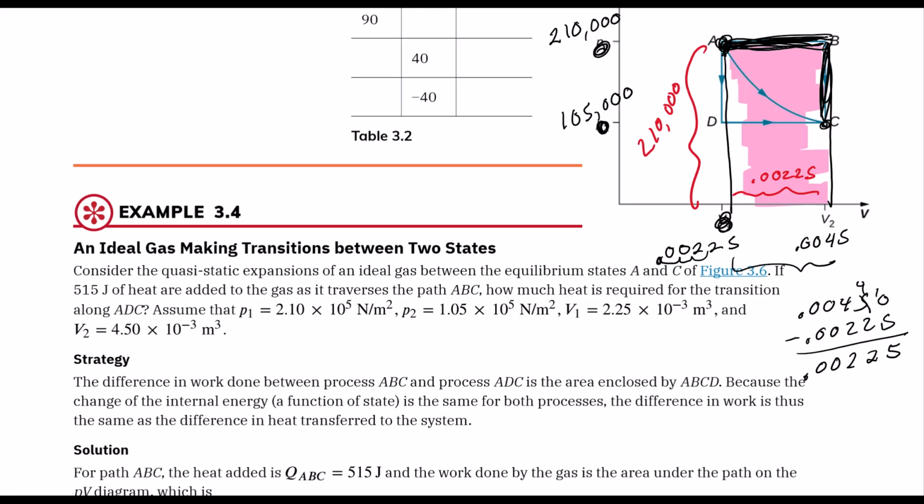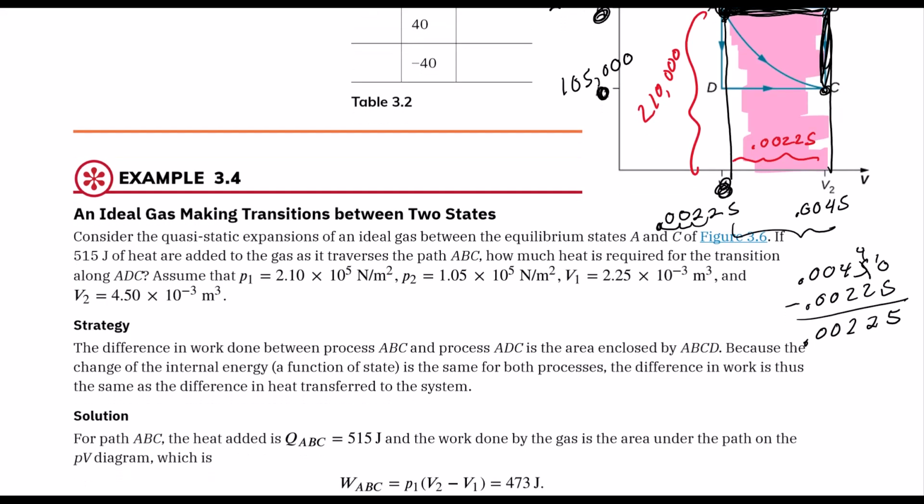I missed a zero. How did I miss a zero? Let me try this again. I got 472.5. Oh wait, that is what I got. That's what they got.